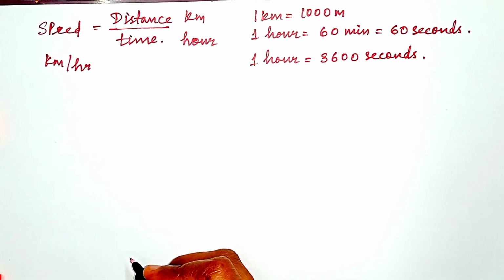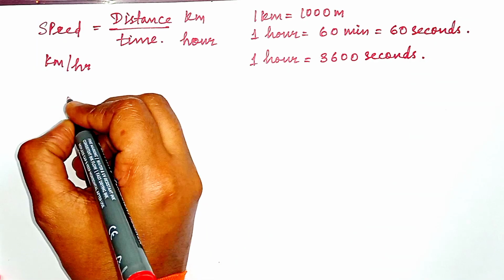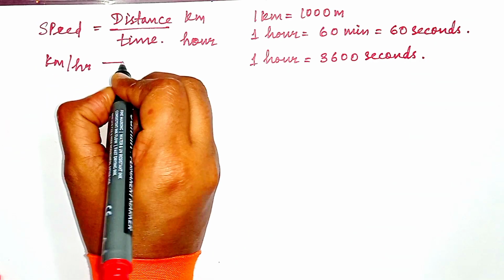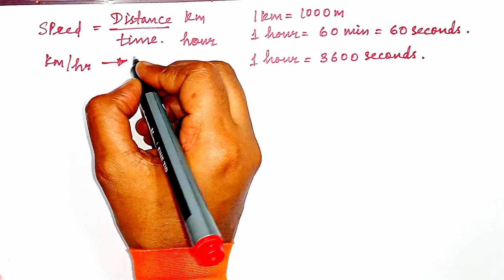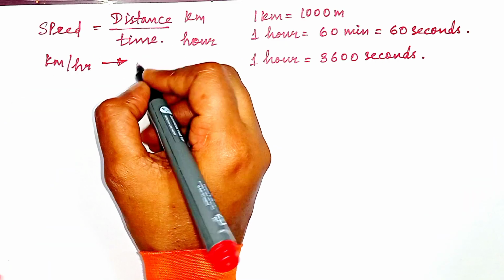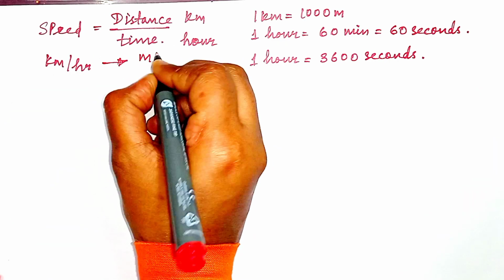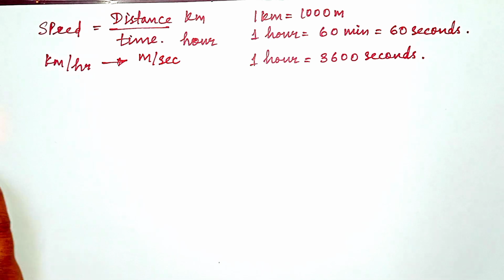More than this, if you have to convert kilometer per hour to meter per second, you must have always had the direct numbers, but let me show you how it is converted.